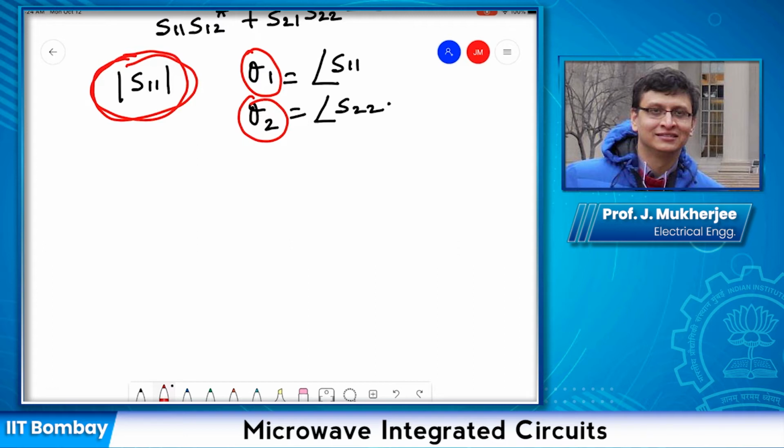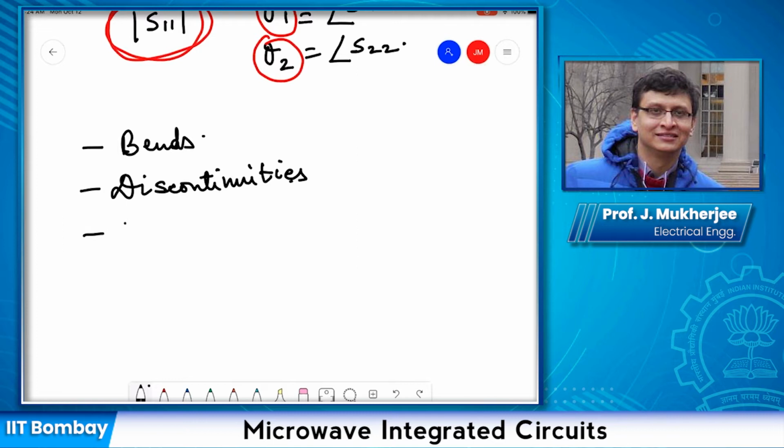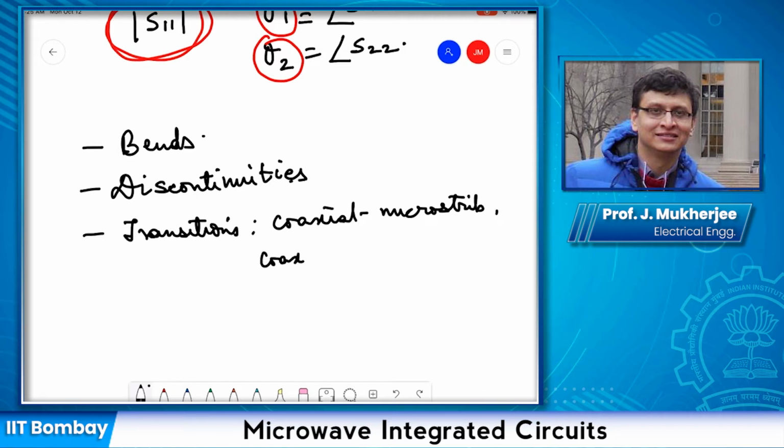For this lecture, we will be considering the following two-port devices: bends, discontinuities, transitions, like coaxial to microstrip, coaxial to waveguide, and so on.